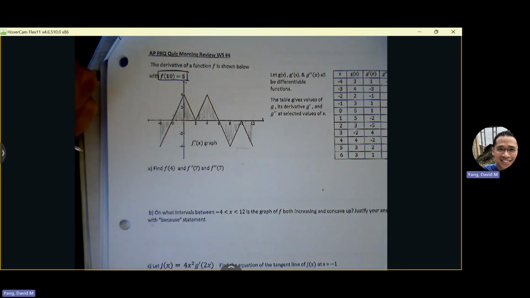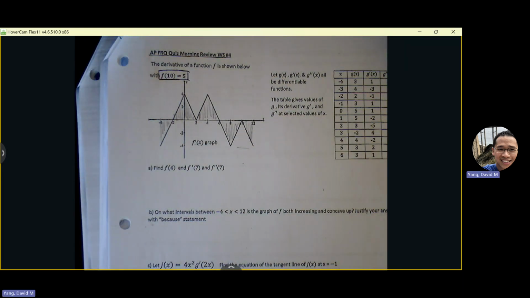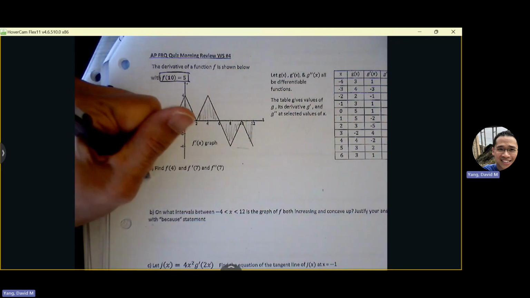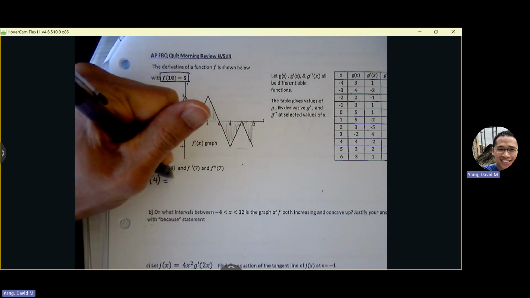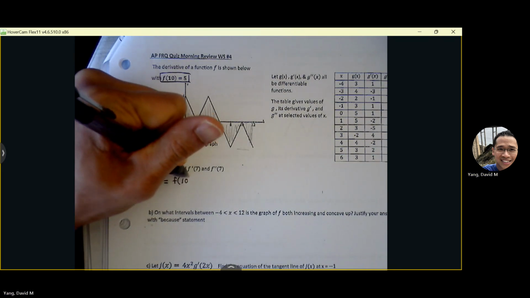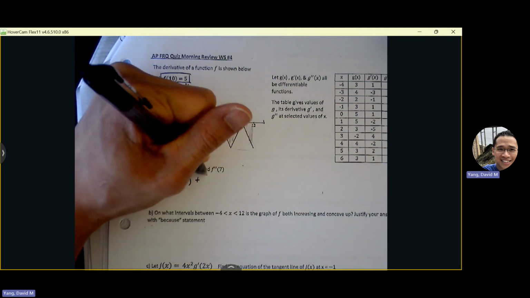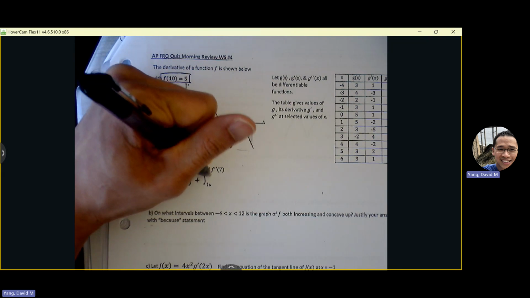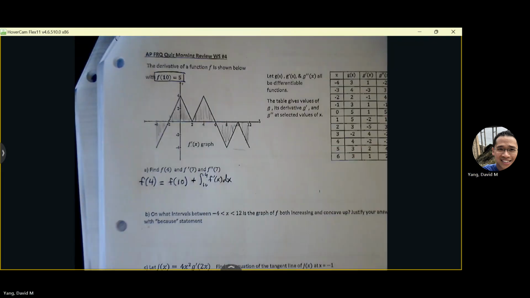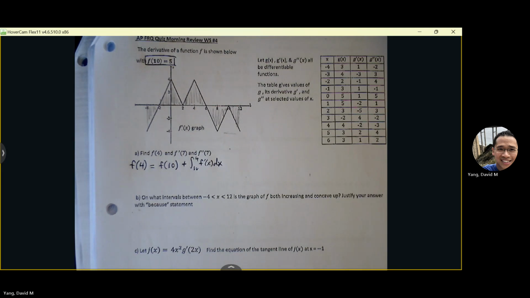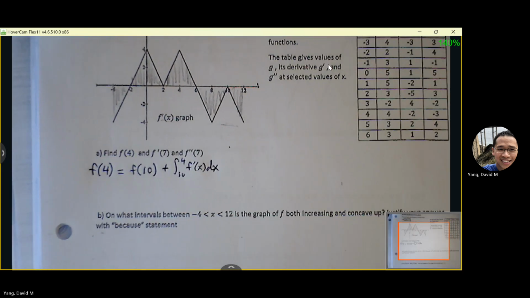So on the board there, final position equals initial plus displacement. So I can say, if I want to find f of 4, I'm going to start at f of 10, and I have to go backwards from 10 to 4 of f prime. We always want to follow the definition.